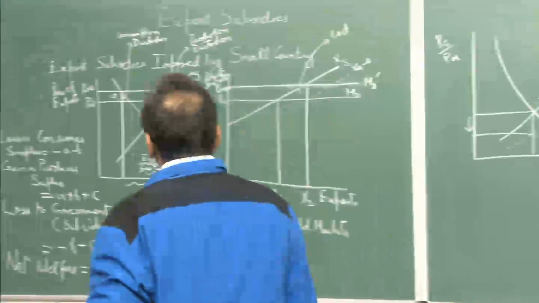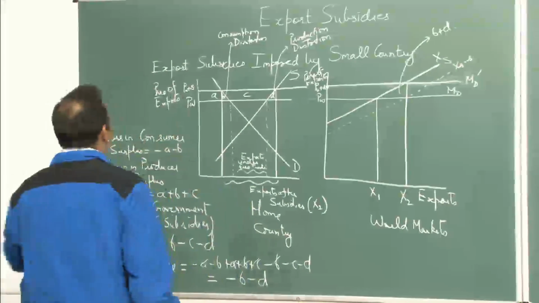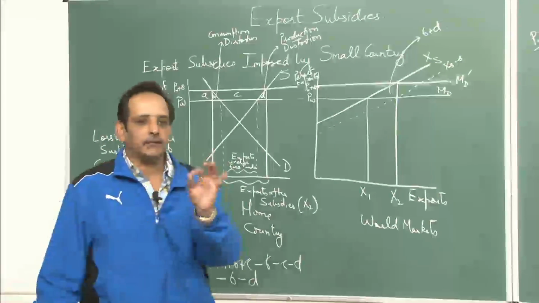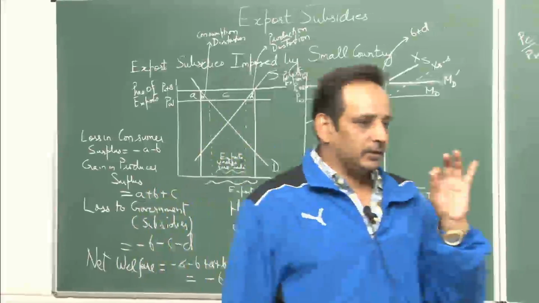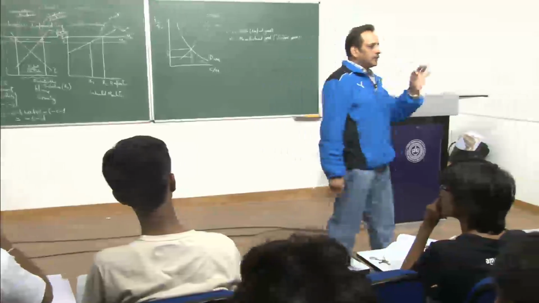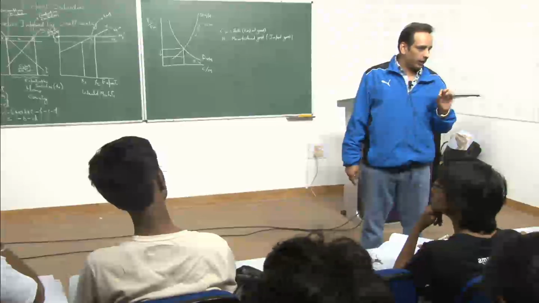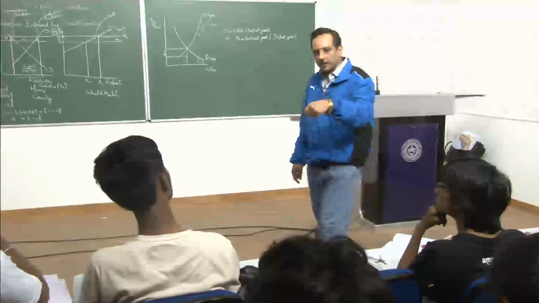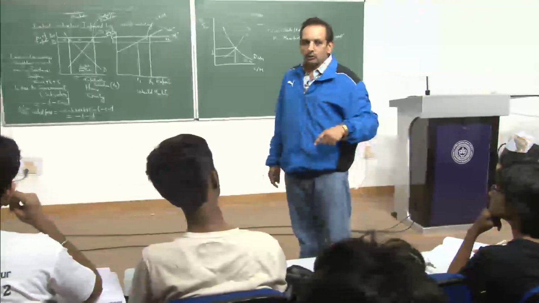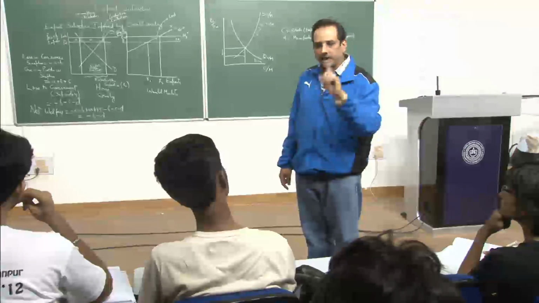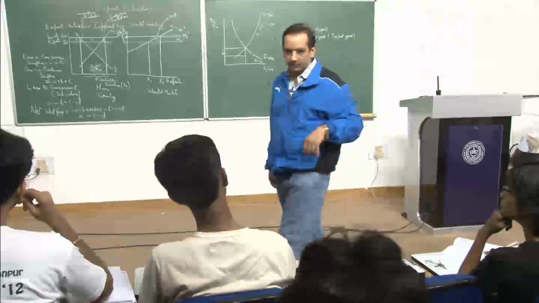Why? Say the government decides that we will give rupees S for each unit exported. So, every unit that you export, you will get rupees S. So, the exporters will get PW plus S.